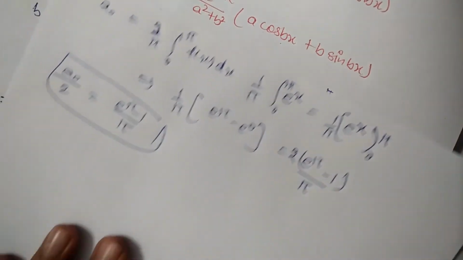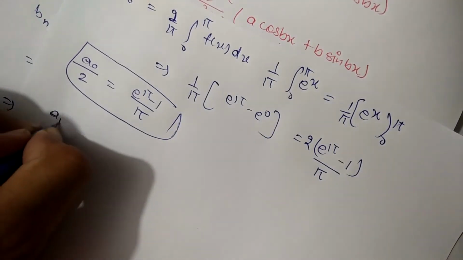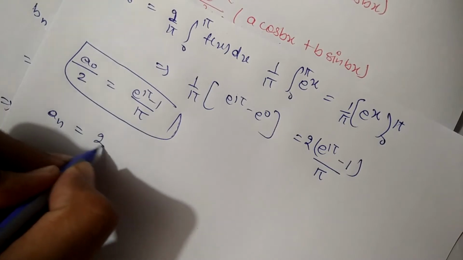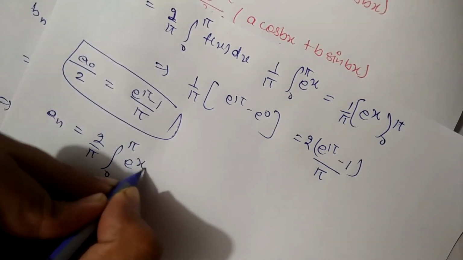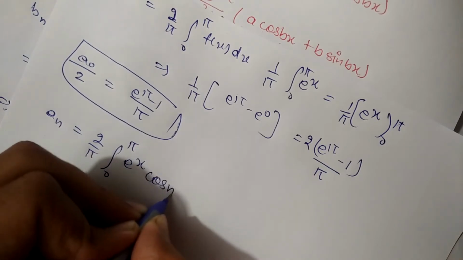So this is the value of a naught by 2, and now to calculate the value of an we will integrate 2 by pi integration from 0 to pi the function, that is e^x and cos nx dx.